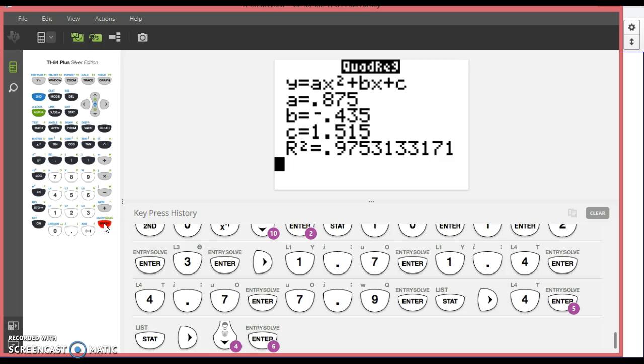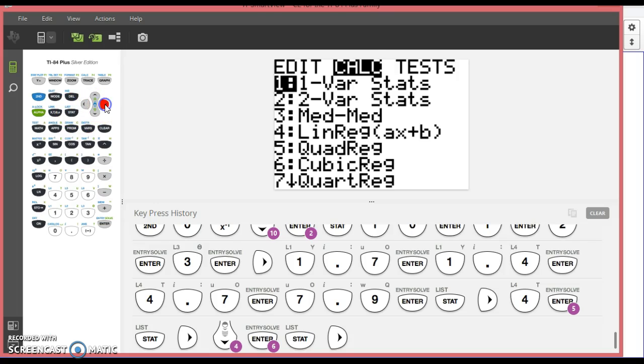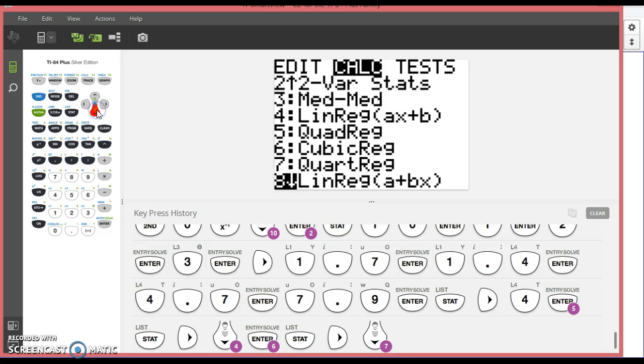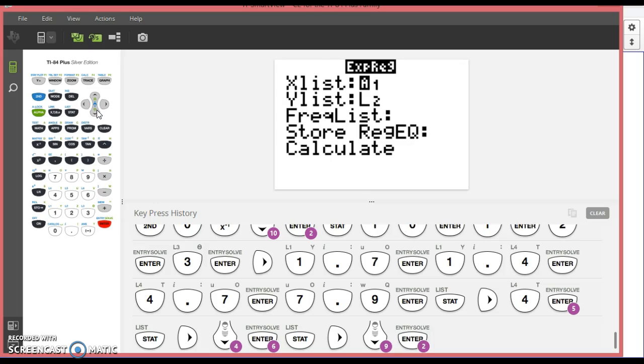So we're going to do the same thing again. Stat, go over to calculate. Now, you've got to scroll down. We are looking for exponential regression. Enter, enter, enter, enter.